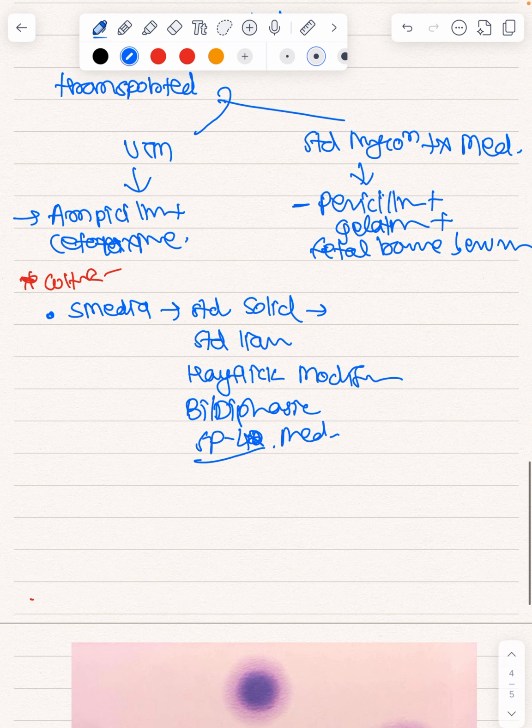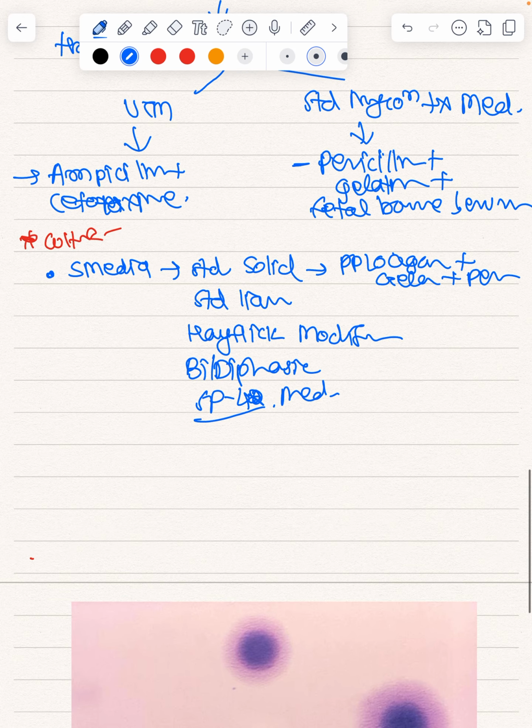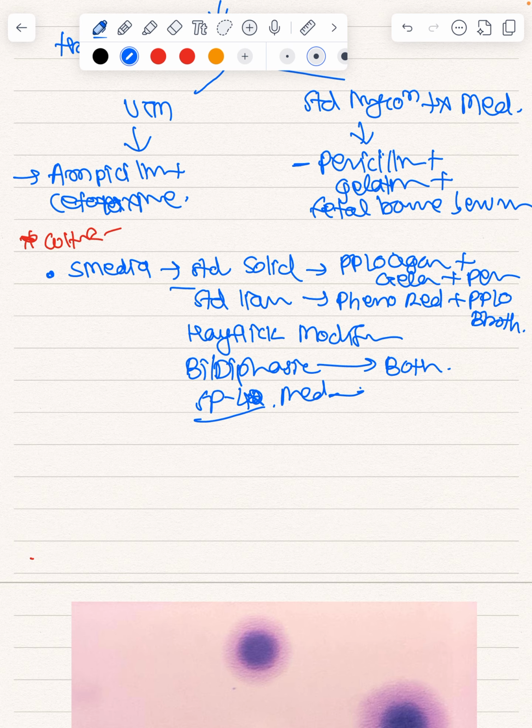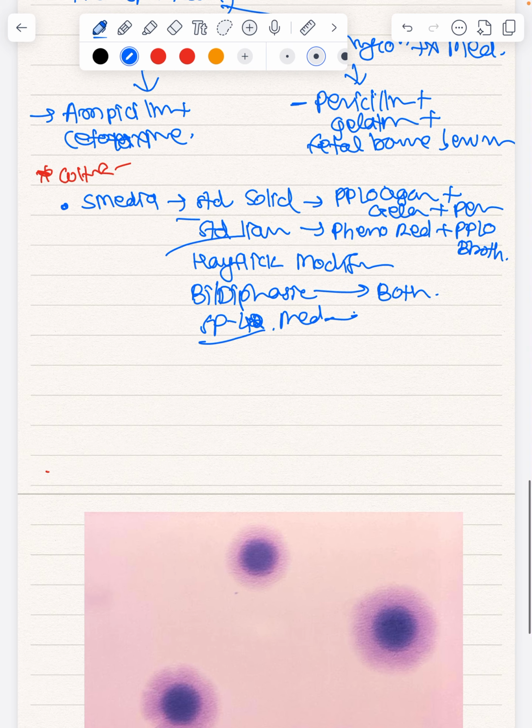In the standard solid medium, there will be PPLO agar plus gelatin plus penicillin. But in the standard liquid medium, phenol red indicator is important and PPLO broth is important. Diphasic medium has both properties of the standard solid as well as the standard liquid medium.